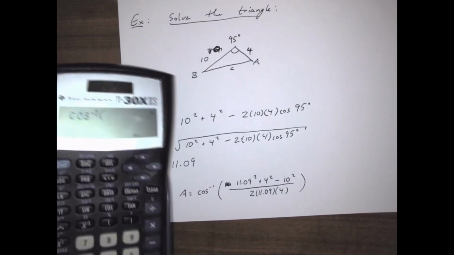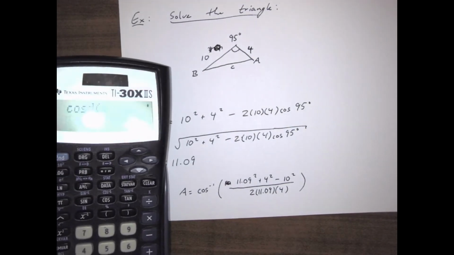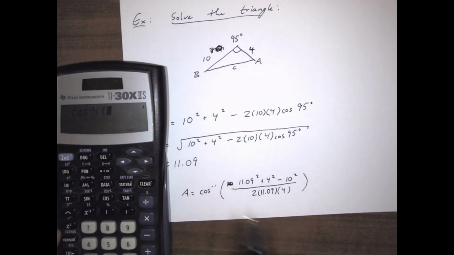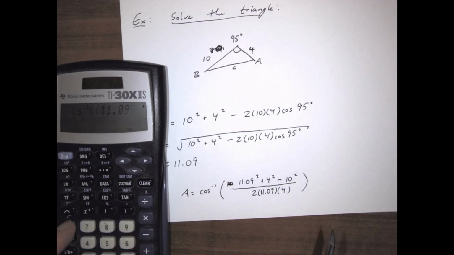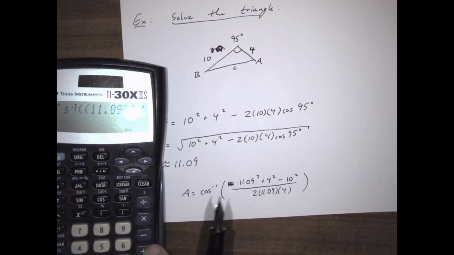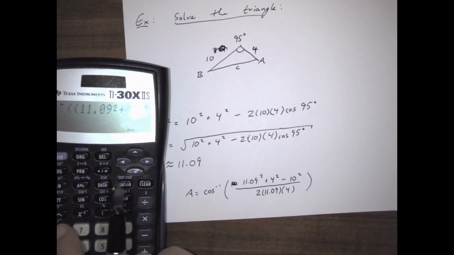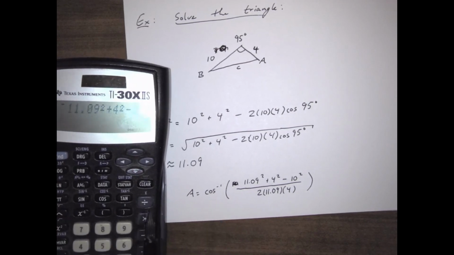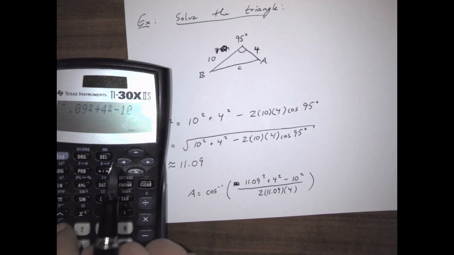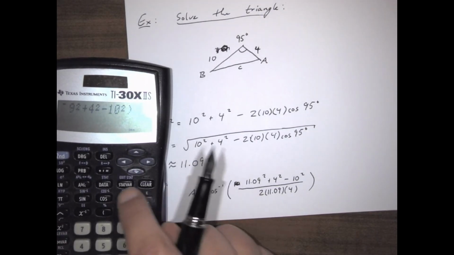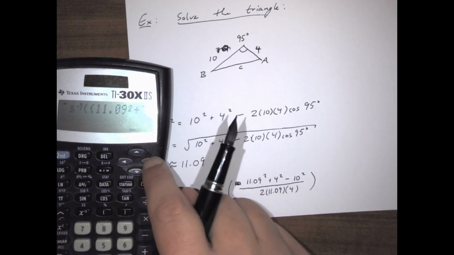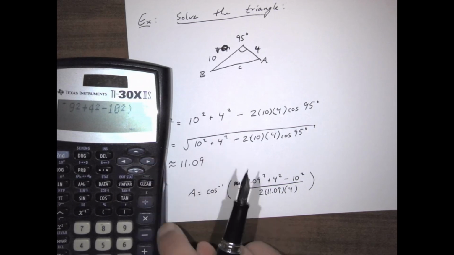Cosine inverse of. Now I want this to be the cosine inverse of the whole fraction. I'm going to be more careful with parentheses than usual because I don't want to mess this up. 11.09 squared plus 4 squared minus 10 squared. End the parentheses for the numerator. So I put the whole top of the fraction in parentheses.